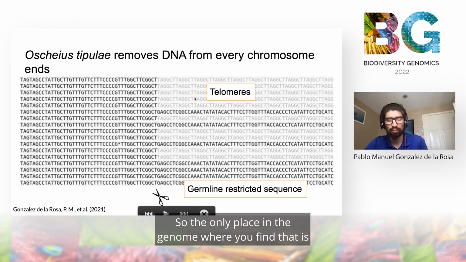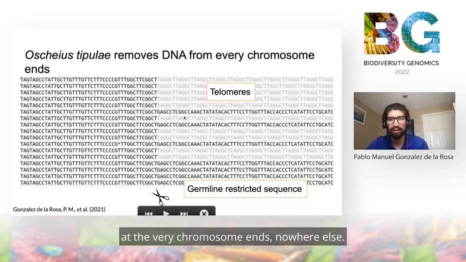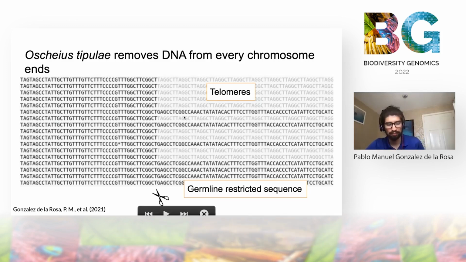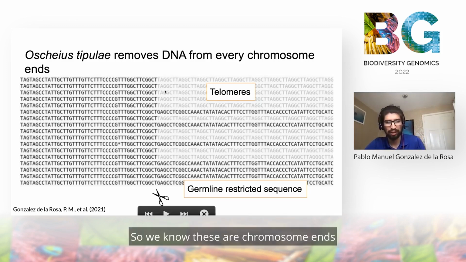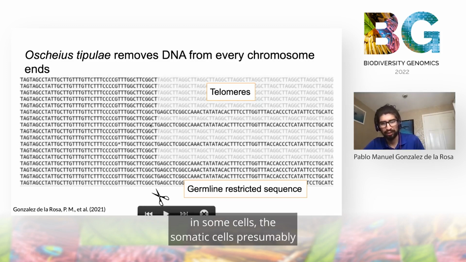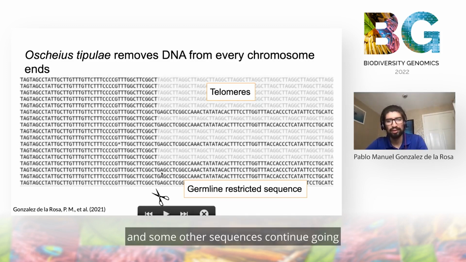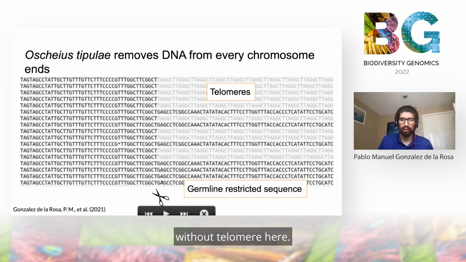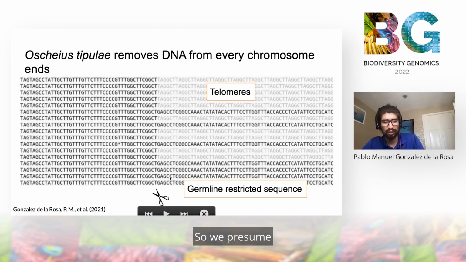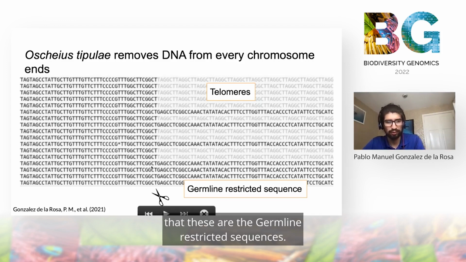The only place in the genome where you find that is at the very chromosome ends, nowhere else. So we know these are chromosome ends in some cells, the somatic cells presumably, and some other sequences continue going without telomere here. So we presume that these are the germline-restricted sequences.